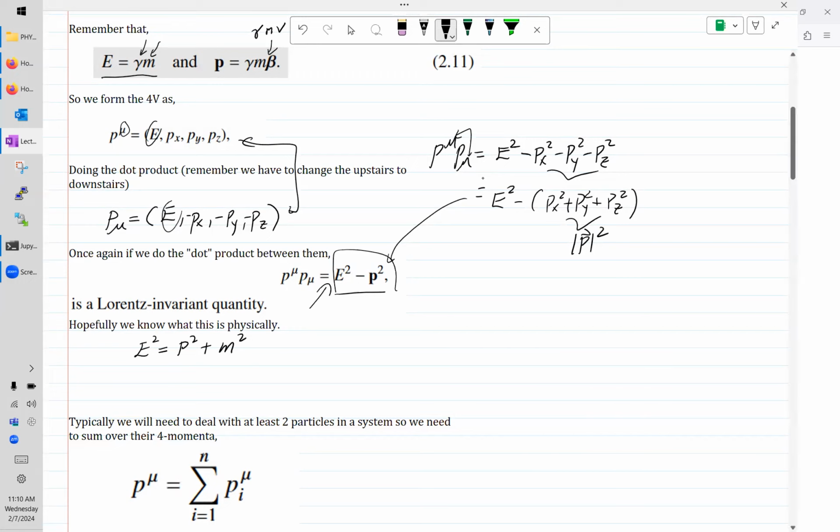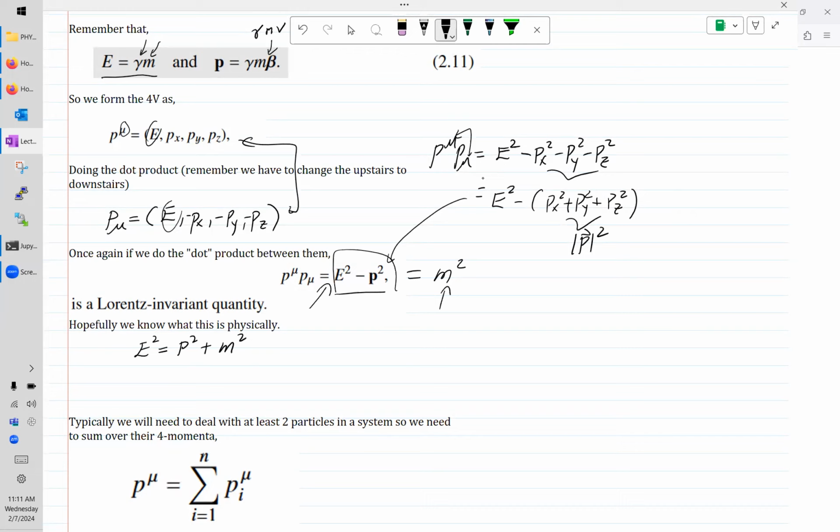Yes, it's just the mass squared. This is actually the invariant mass squared. It makes sense that it's invariant because no matter which frame of reference you go to, you should have the same mass. It's just the amount of stuff you have inside you, how many protons, how many neutrons, mostly.